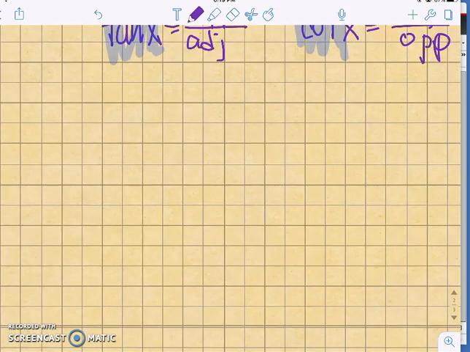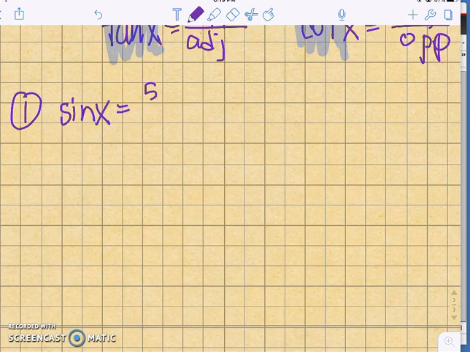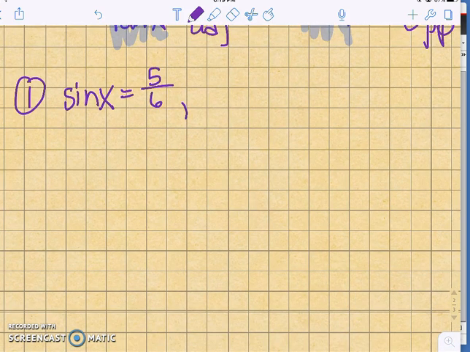So for example, let's say I said that the sine of x equals 5 over 6, and you need to find the cosecant, the CSC of x. Well, it's pretty easy.